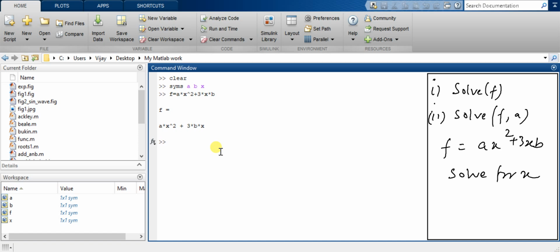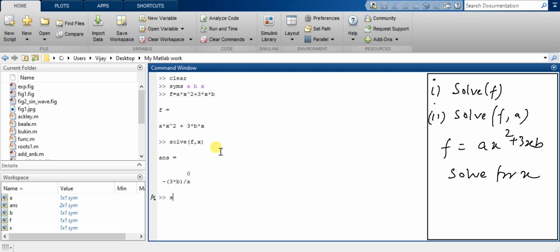Now we want to solve f for the value of x. So we can write solve the expression f for variable x. When you hit enter, this will give you two values of x, because this expression is in x square, so we will get two values of x, that is 0 and minus 3 into b divided by a.